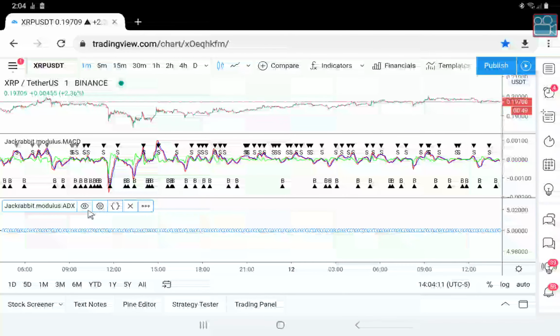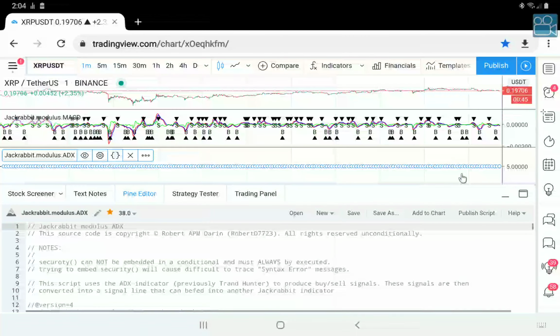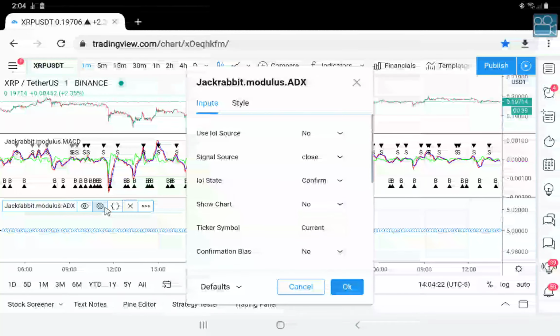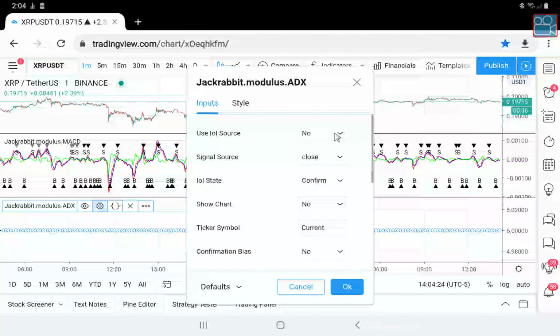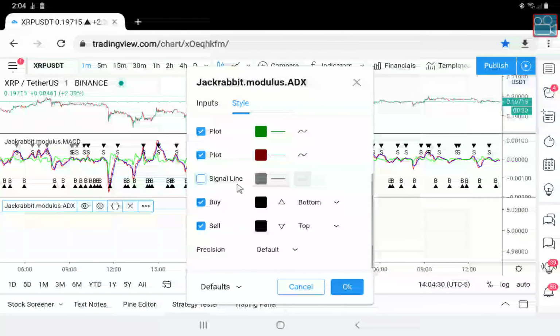Simple signal line, nothing special. Oops, don't want that. I know it was probably a tease. Maybe I'll leave it in the video.